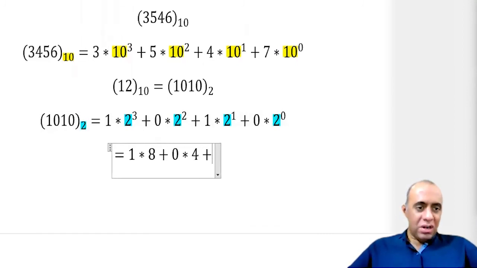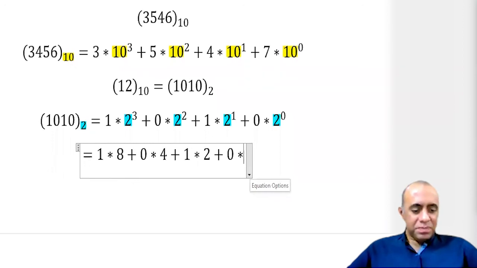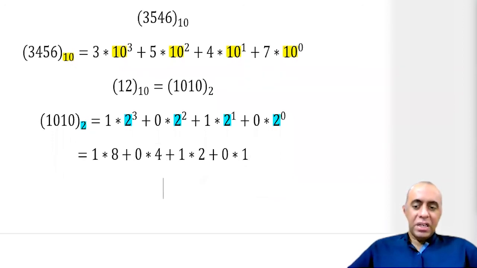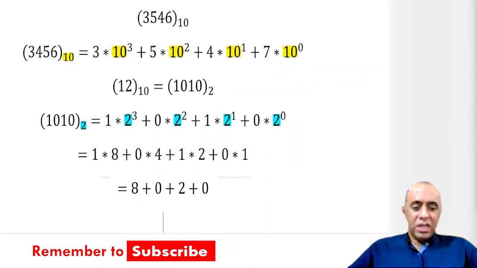Why am I writing it even if I know that it's going to be multiplied by 0? The reason is that I'm just trying to explain to you what is happening. Then 1 star 2 to the power 1 is 2. Then 0 star 2 to the power 0 is how much? 1. Exactly.